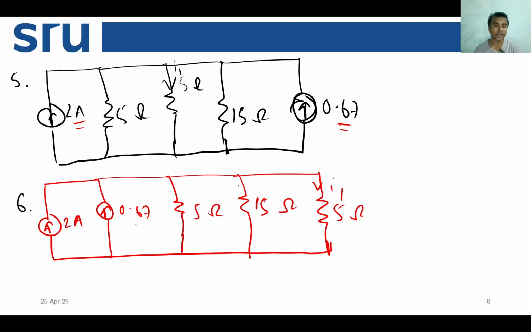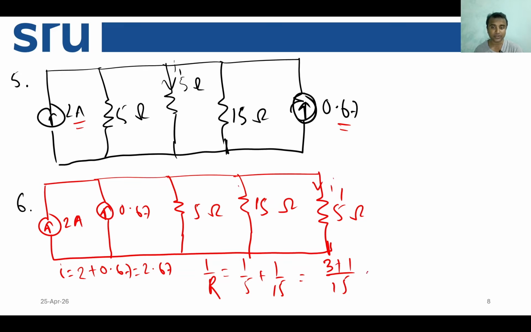Now these two are connected in parallel. So let us say the current of these two current sources is 2 plus 0.67 equal to 2.67. Now these two have a resistance, let's say R, which is given by 1 by 5 plus 1 by 15. So this is 15, and 3 plus 1 equal to 4 by 15.